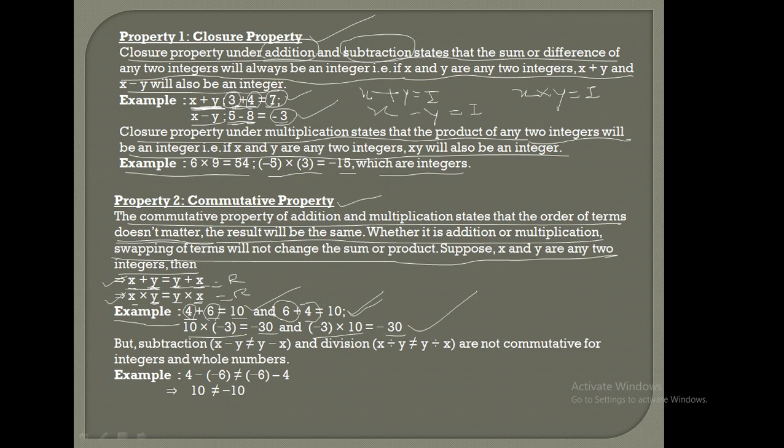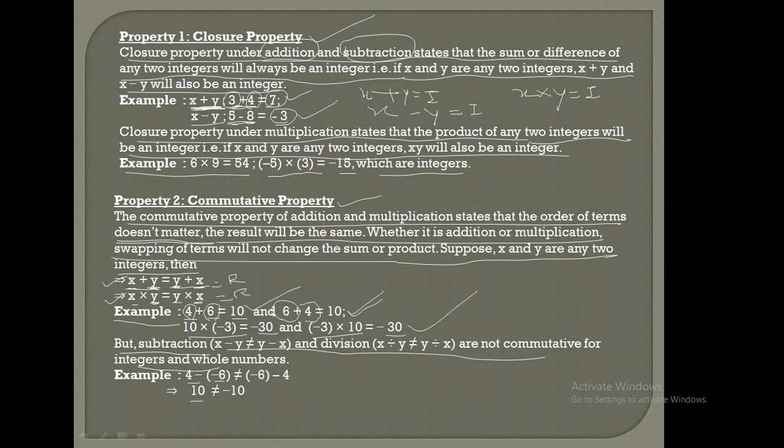Now one thing is that for subtraction, this property does not hold, and in division also this property does not hold. For example, when we subtract 4 from minus 6, it will come minus 10.